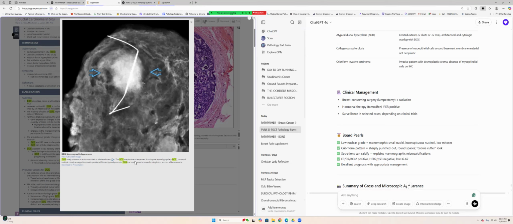The DCIS may involve an expanded ductal space, typically papillary DCIS, and consists of multiple closely arranged ducts with periductal fibrosis, or involve another mass forming lesion, such as fibroadenoma.